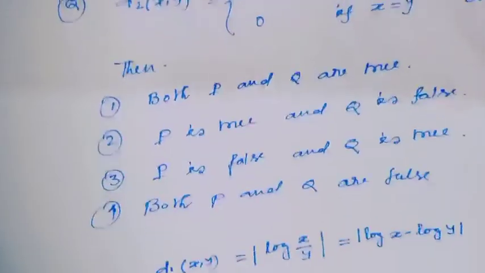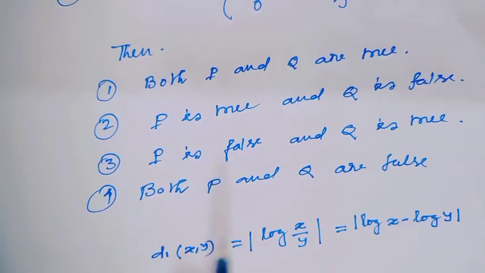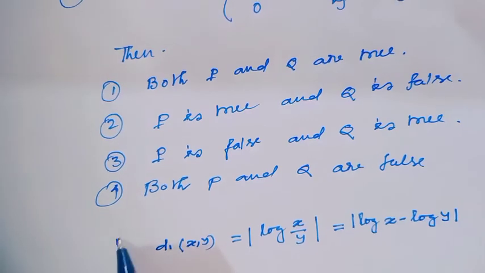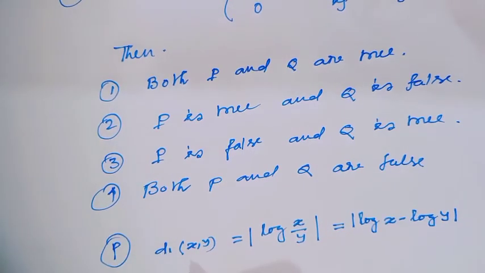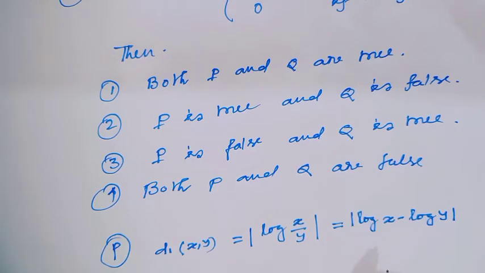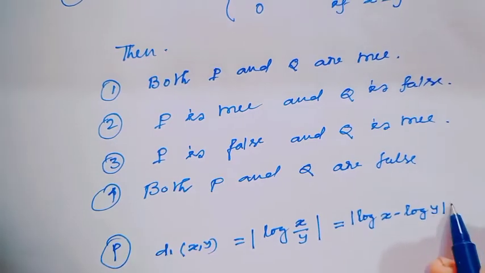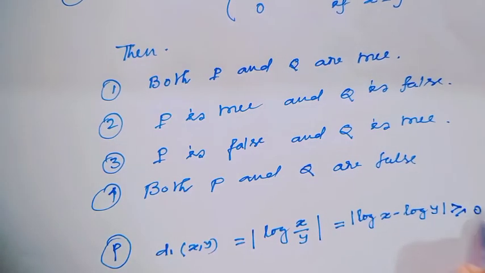For this, at first, since P is the metric indicated, d1 of xy equal to log of x over y, which is actually absolute value of log x minus log y. Obviously this value is always greater than or equal to 0.